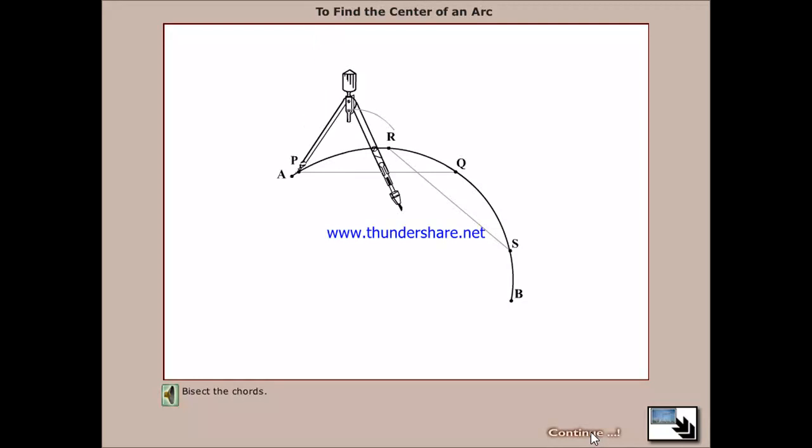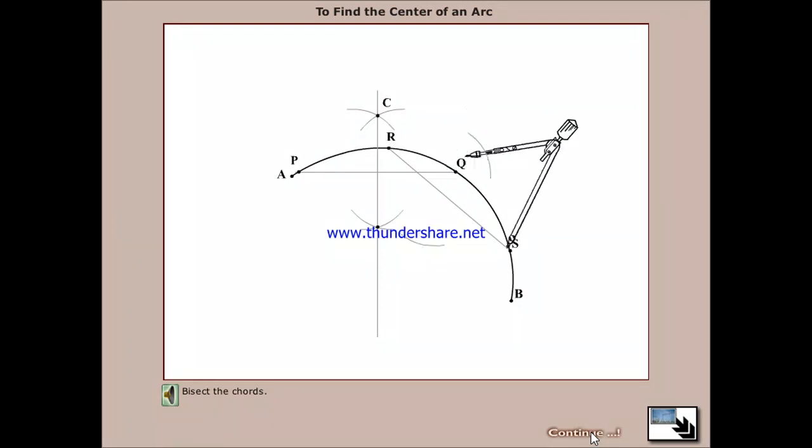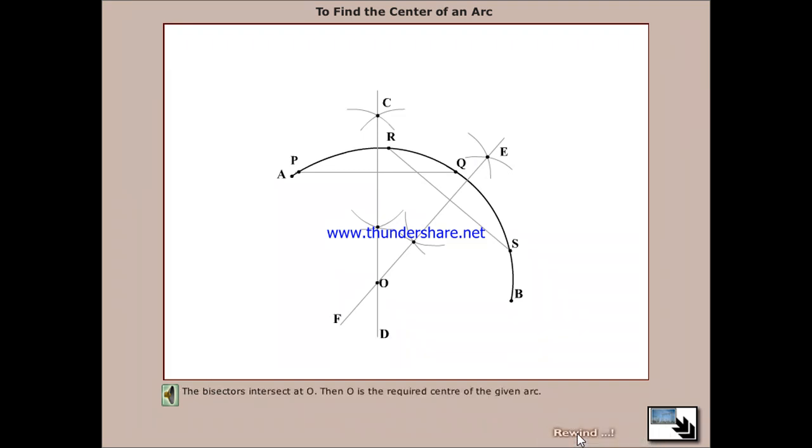Bisect the chords. The bisectors intersect at O. Then O is the required center of the given arc.